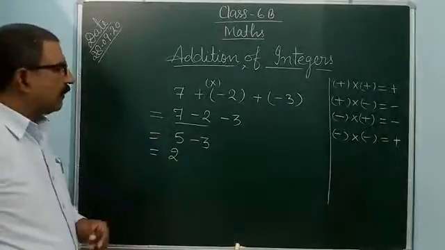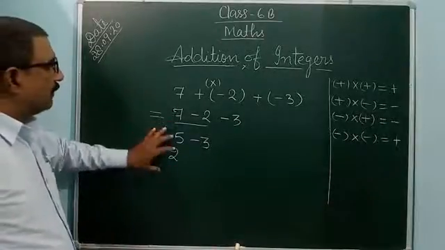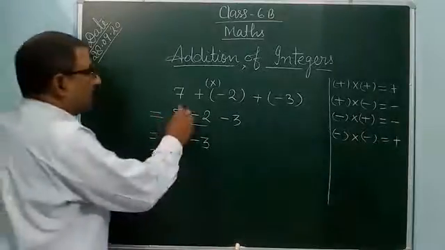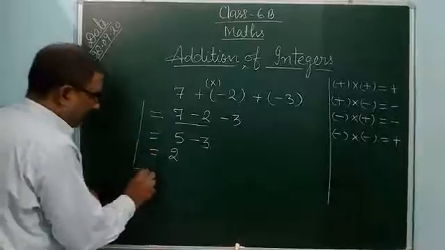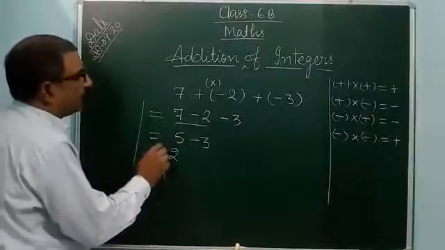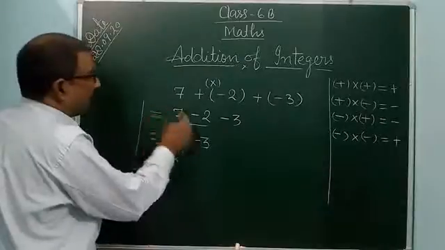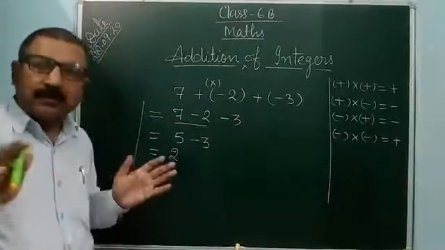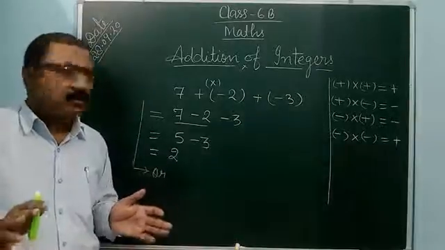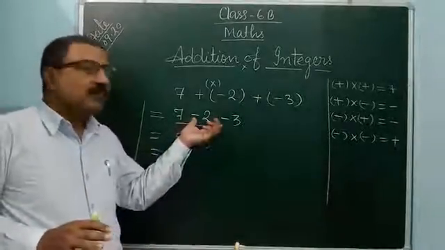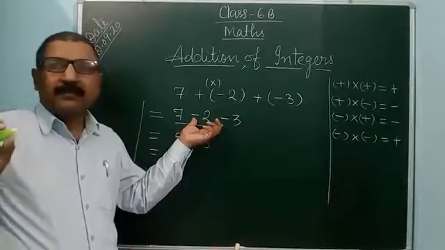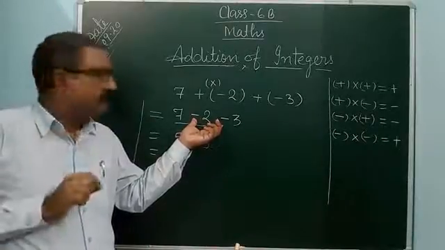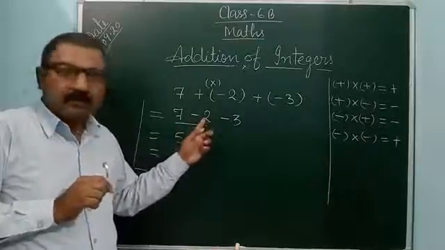Another way you can also solve. Firstly, minus 3 and minus 2. The symbol is minus, but you can add them together and represent the result with a minus symbol, as negative integers. 3 plus 2 is 5, minus 5.